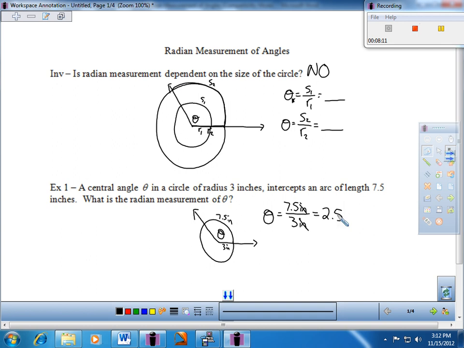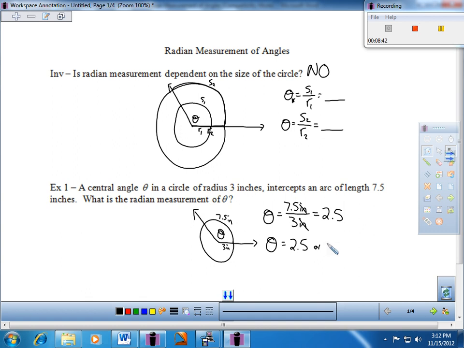You could just write it as theta equals 2.5, without the degree symbol, and this is key, everyone, without the degree symbol there, this is known to be a radian measurement of an angle. Obviously, 2.5 degrees is quite a bit different than 2.5 radians. So this answer tells me it's in radians because there's no little degree symbol by it.